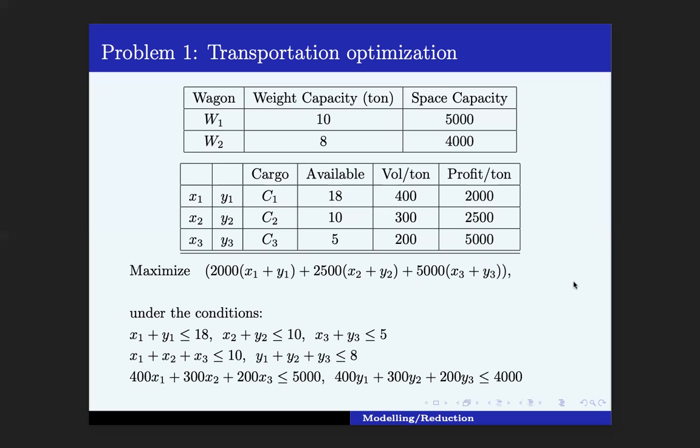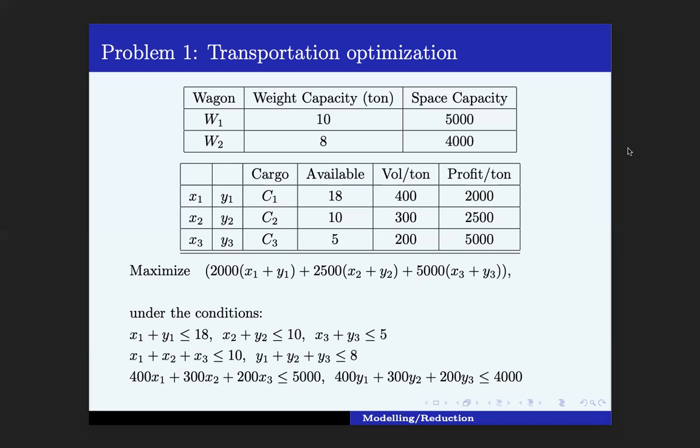Now the third is the space constraint. If I'm sending x1 tons, the volume required is 400 times x1. For x2 the volume required is 300 times x2, and for x3 I need 200 times x3, and this whole volume must be at most 5000.